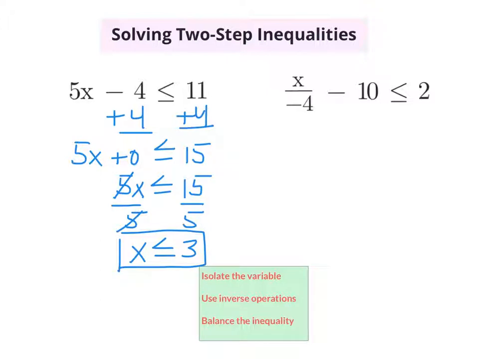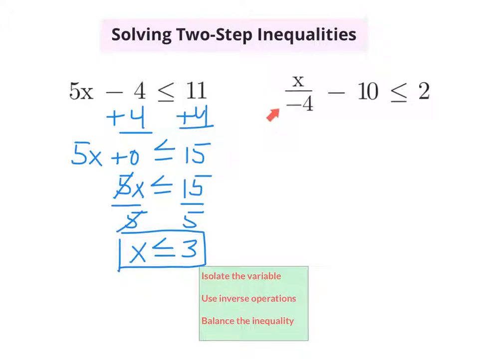All right, let's look at our next example, which is x divided by negative 4 minus 10 is less than or equal to 2. Looking at this negative 4, I know that at some point in my solution of this inequality, I'm going to have to multiply both sides by a negative 4.